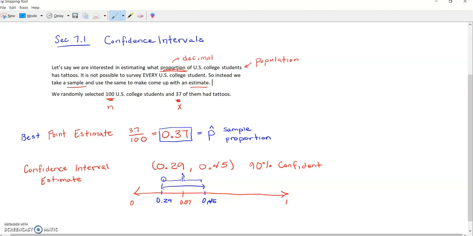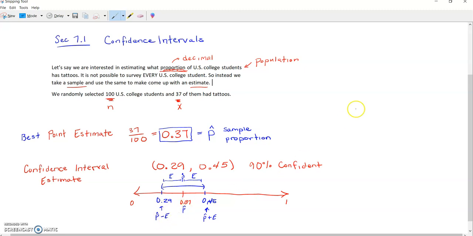So the margin of error, E, is this distance. If you take p hat and add the margin of error, you should get 0.45. And if you take p hat and subtract the margin of error, you should get 0.29.